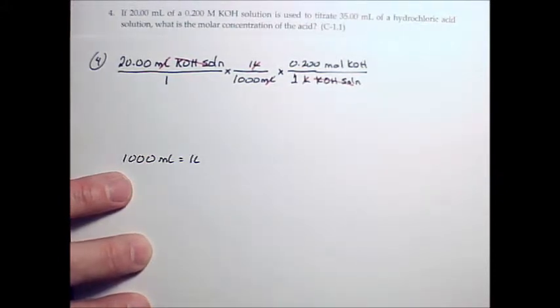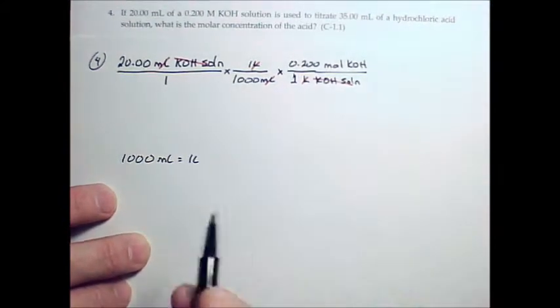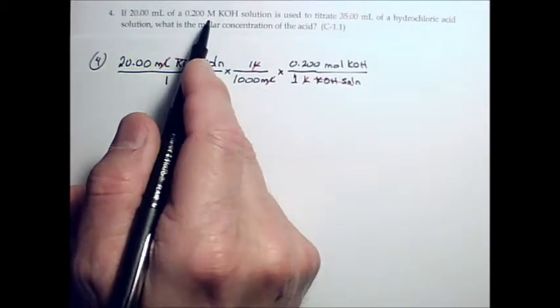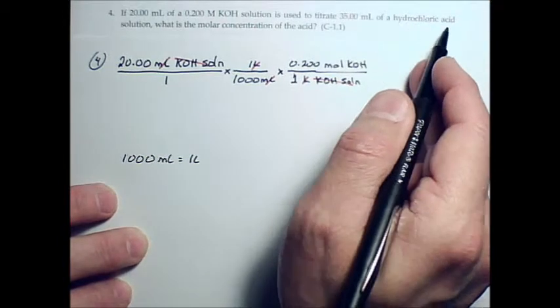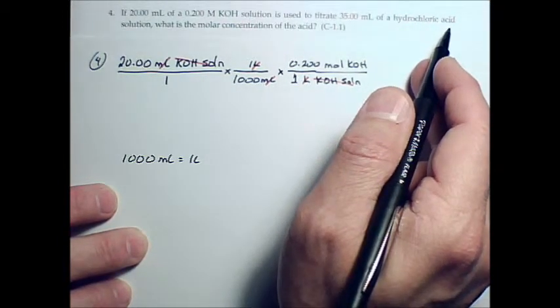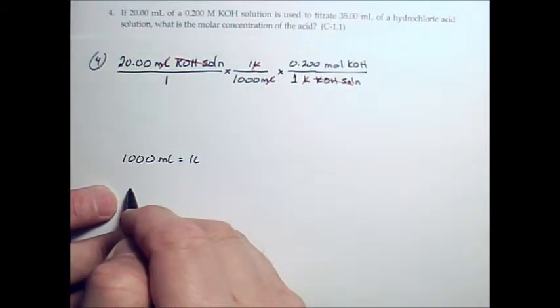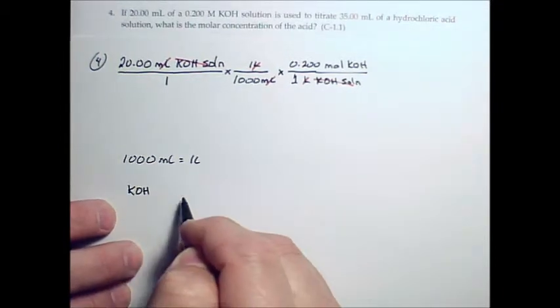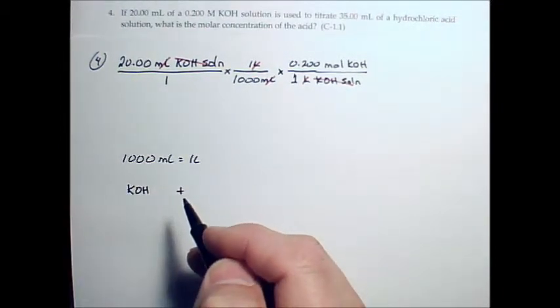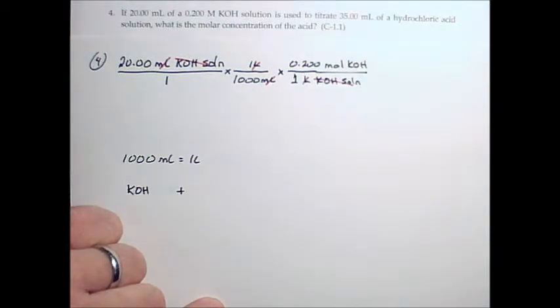Okay? Balanced equations we first started learning to do in Unit 5. So we have KOH and we have hydrochloric acid, and they're reacting together. So here's KOH, and we need to know the formula for hydrochloric acid. Okay, so this is the question you were asking a while ago, Mac.